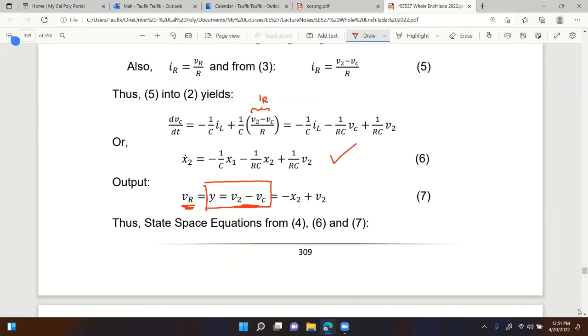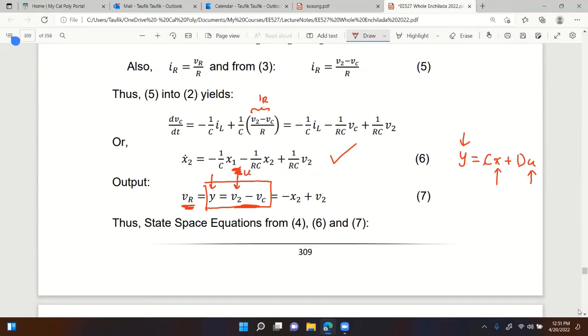So ask yourself a question. Is this a valid state space equation? On the left-hand side, I have y. It has to follow y is equal to cx plus du. On the left-hand side, I have y, so that's good. On the right-hand side, I need x or u or both. What do we have here? On the right-hand side, I have v2, that's our input, sorry.